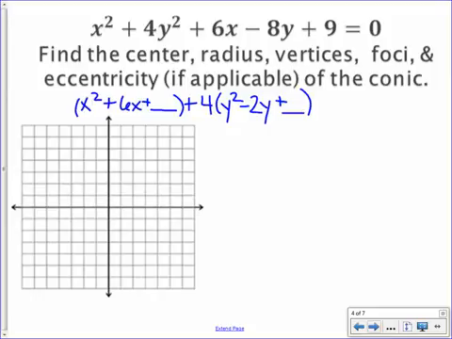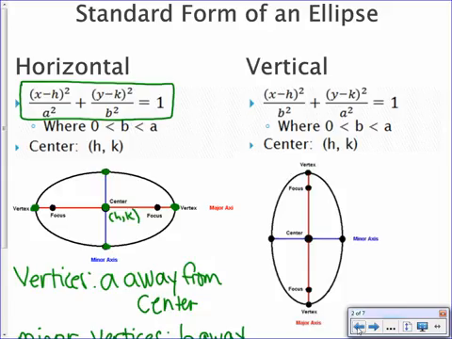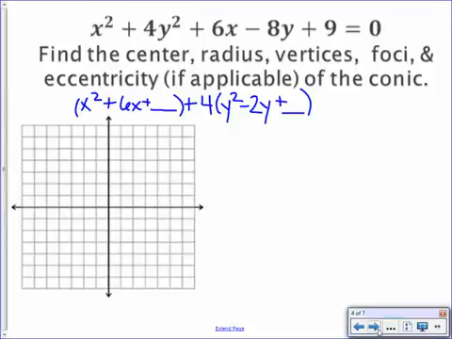Okay. And if we go back to standard form, just hang tight for a second. We want an x squared, we want y squared, and then we want it equal to 1. So any constants, we're going to just put over on the other side. So I'm going to subtract over this 9. And then to balance our equation, we know we're going to have to add whatever we add to the left side. Okay?